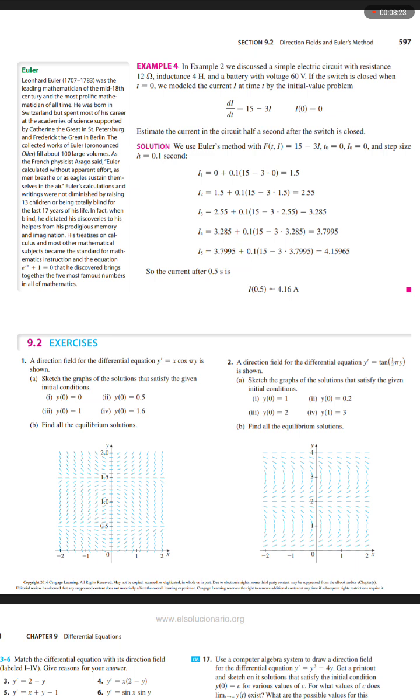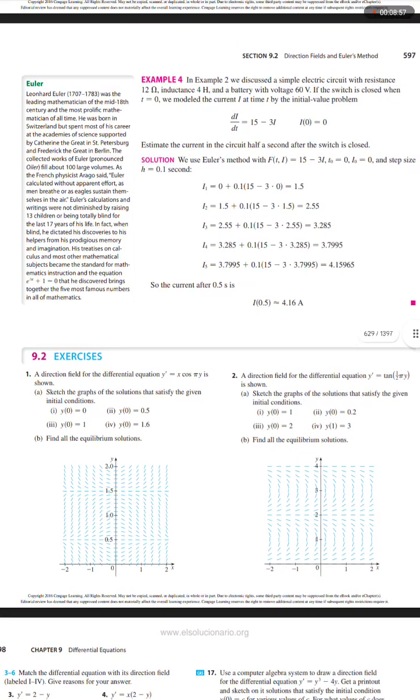Big I sub 5 equals 3.7995 plus 0.1 times (15 minus 3 times 3.7995), equals 4.15965. So the current after 0.5 seconds, big I of 0.5, is approximately equal to 4.16 amperes, big A.